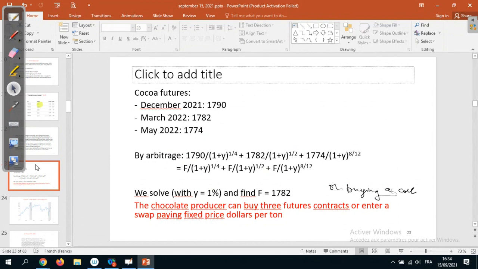We solved that, and I chose a yield of 1%, which is roughly the interest rate in dollars, and you find 1,782, okay, roughly. So the chocolate producer can buy 3 future contracts or enter a swap paying a fixed price of 1,782 per ton. Okay? Is there any question about that?